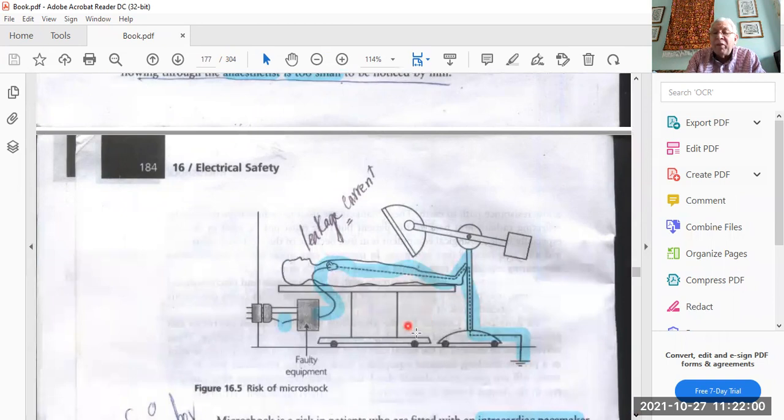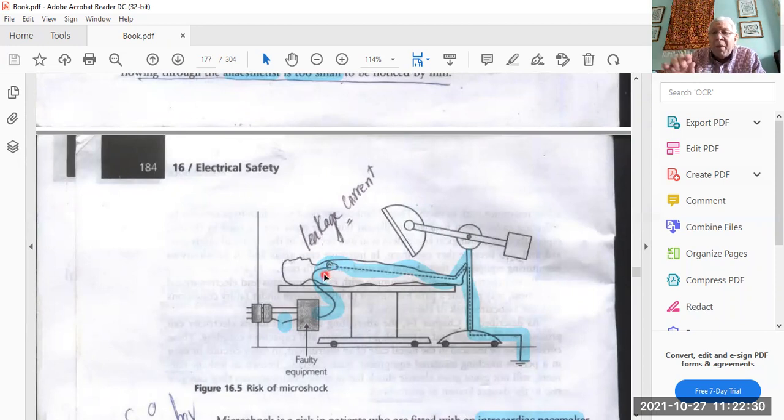This is another figure that shows how the patient is being electrocuted by a minimal amount of current. As you can see, there is a defect in the wire. So the electrical current goes through the capacitor, as we said before, the microshock. This capacitor is touching a small area of the heart. That means the current density is very high, not like a large area where the current density is very low.